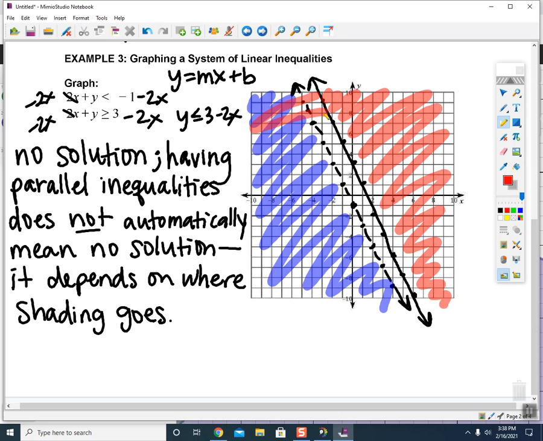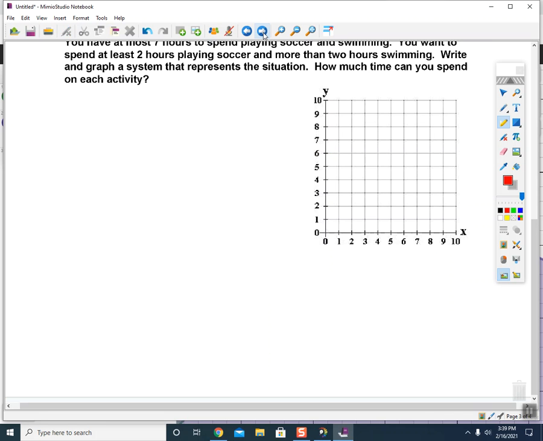So if I shaded below this line, now I do have a solution. My solution is everything below the first line, right? It's everything below this dotted line. So there are ways in which parallel lines will have solutions. So just because two lines are parallel does not automatically mean that I have no solution when it comes to inequalities. So make sure that you remember that, because that is something that is different.